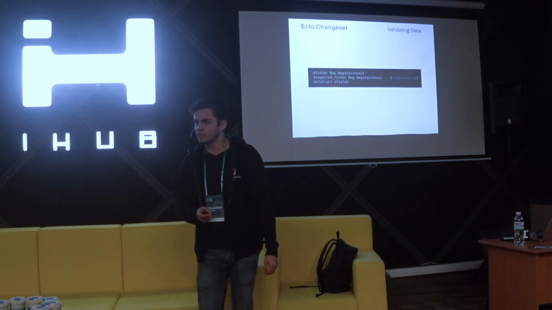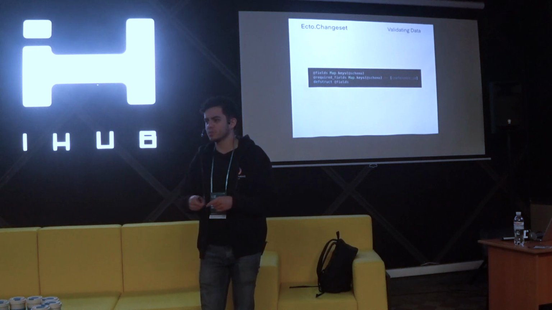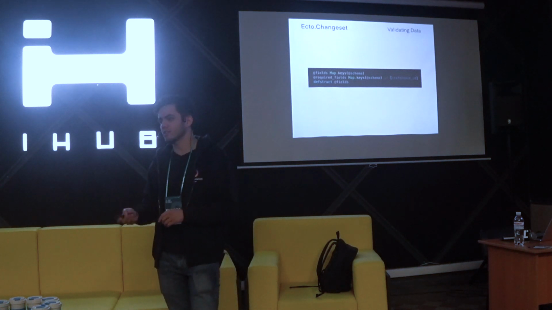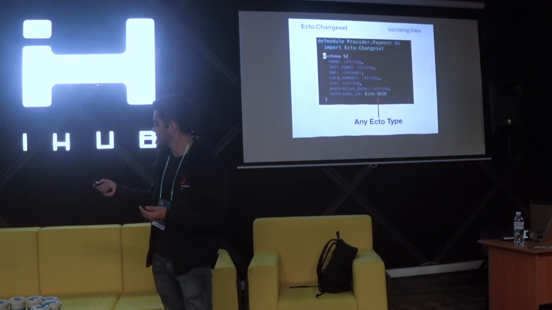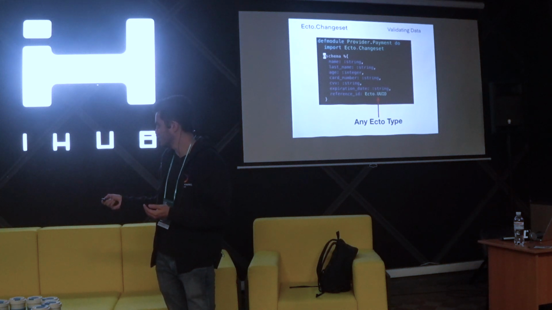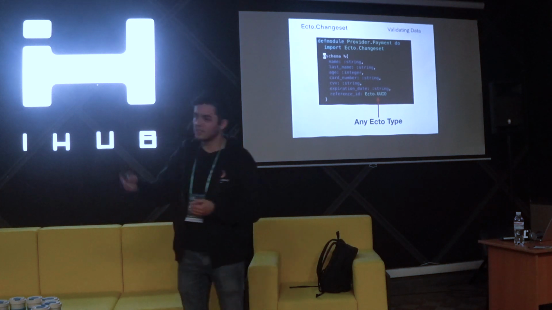No, not really. You can just have a list of atoms and then you have your struct. Like you can, but in this case, the types are here, which is just another constant, and the library Ecto changeset will use these types to validate against these values.